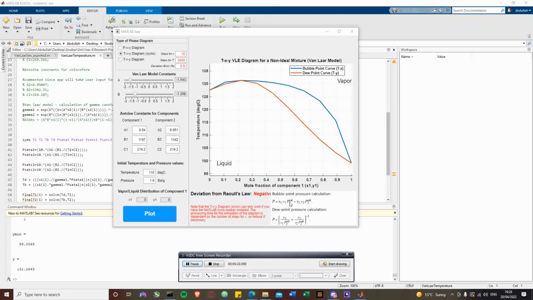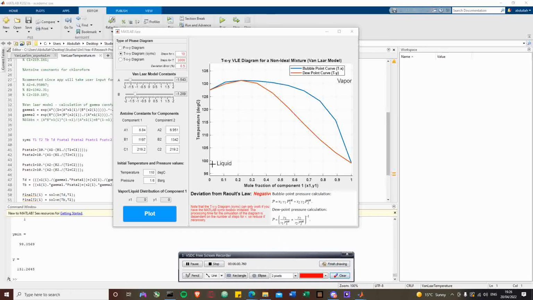The way we write P1 sat is 10 to the power of A minus B over T plus C, as we can see right here. In this code, P sat 1 is 10 to the power of A1 minus B1 over T1 plus C1, where T1 is the temperature of the system that it needs to calculate. Because it needs to back calculate this value, it can take quite some time.